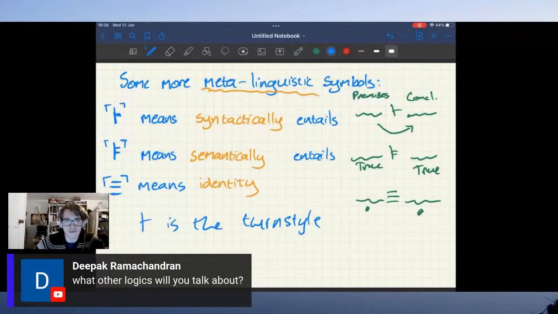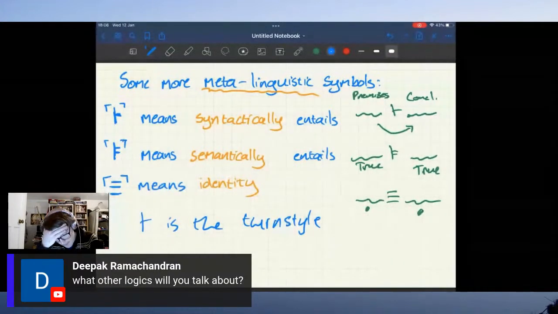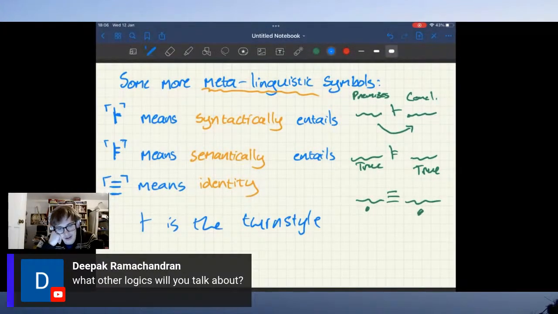After I do soundness and completeness for this language, I will talk about quantified logics, first order quantified logics. Then I might talk about the distinction between first and second order quantified logics. Then modal logics. So we'll do K, S4 and S5, or K, then S5, then S4, I suppose.